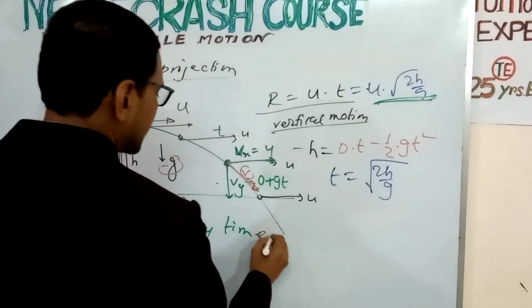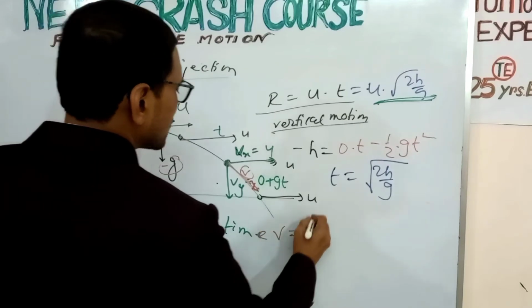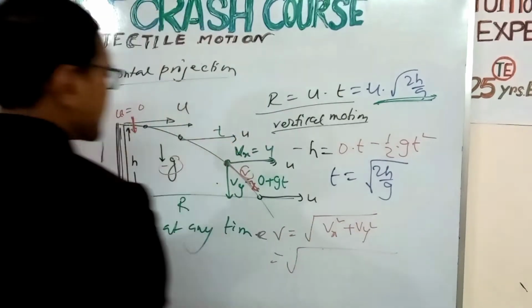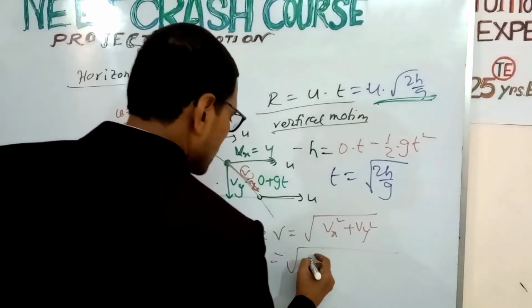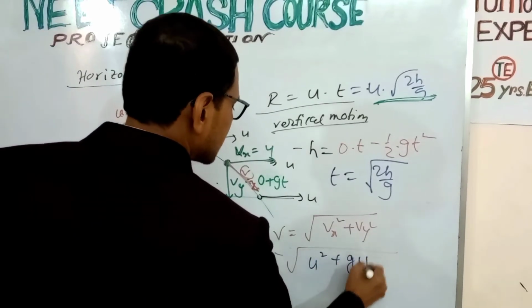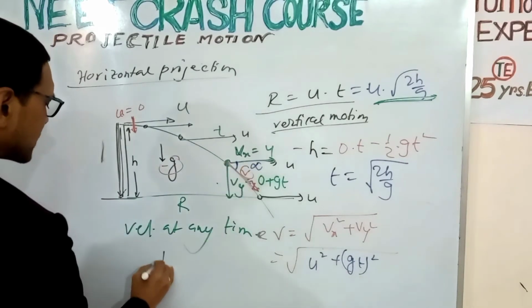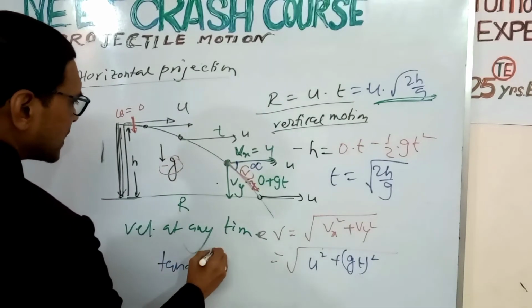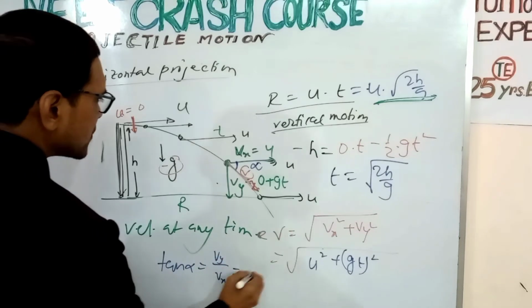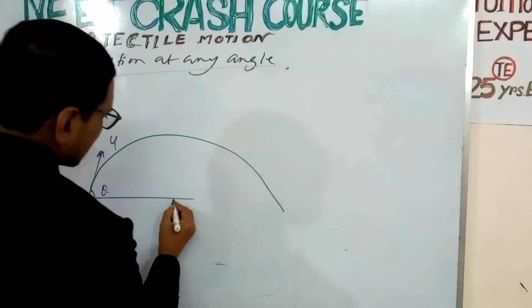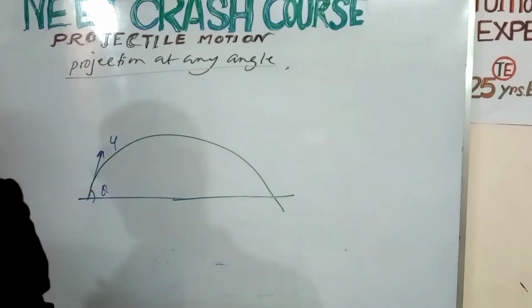So velocity at any time v equal to root over vx square plus vy square, where vx equal to u and vy equal to gt. And if we calculate the angle with horizontal, then tan alpha equal to vy by vx, so gt by vx, which is u. So this is the path of the projectile.